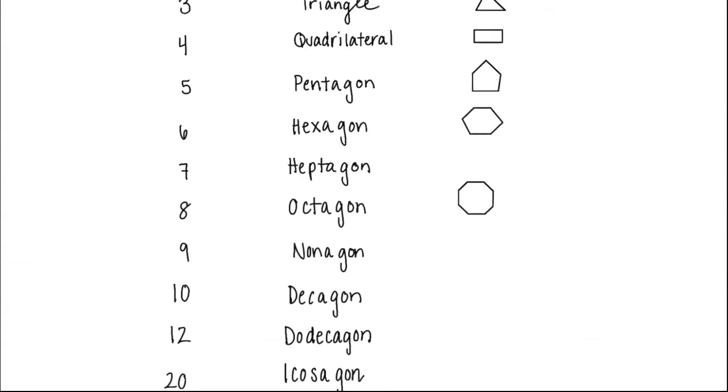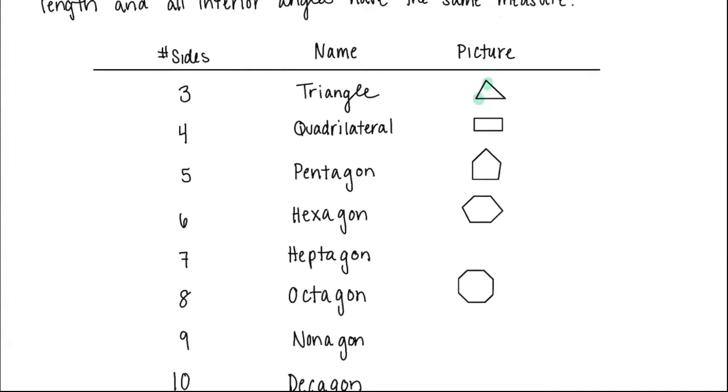But now, how do I know what angles these have to equal? So turns out every 5-sided shape is going to have the same sum for those interior angles. Every 6-sided shape has the same sum of those interior angles. But I don't know necessarily what that's going to equal just yet. So pretty much the last thing we're going to do today is come up with this formula for if I have a 5-sided figure, what is the sum of those measures going to be? Okay, and then maybe we'll do one example.